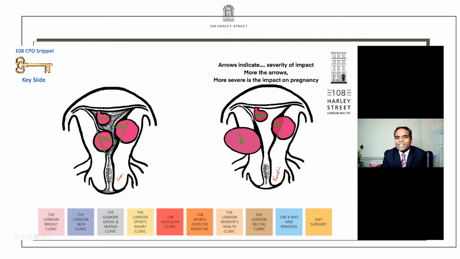The one on your right side shows the impact of fibroids on fertility. The submucosal fibroid with type 0 will have the highest impact on fertility outcomes, and types 1 and 2 have a less severe impact compared to type 0.